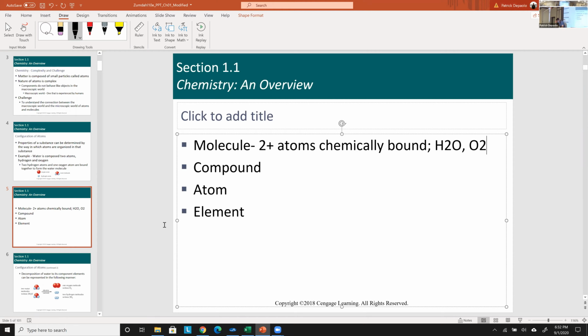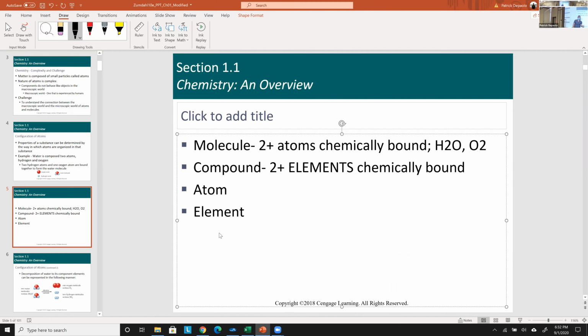Now for compound, it's two or more elements chemically bound. That's a little bit different. So a compound is basically like a molecule, but more specific. The bond has to be between two or more different types of elements that are on the periodic table.